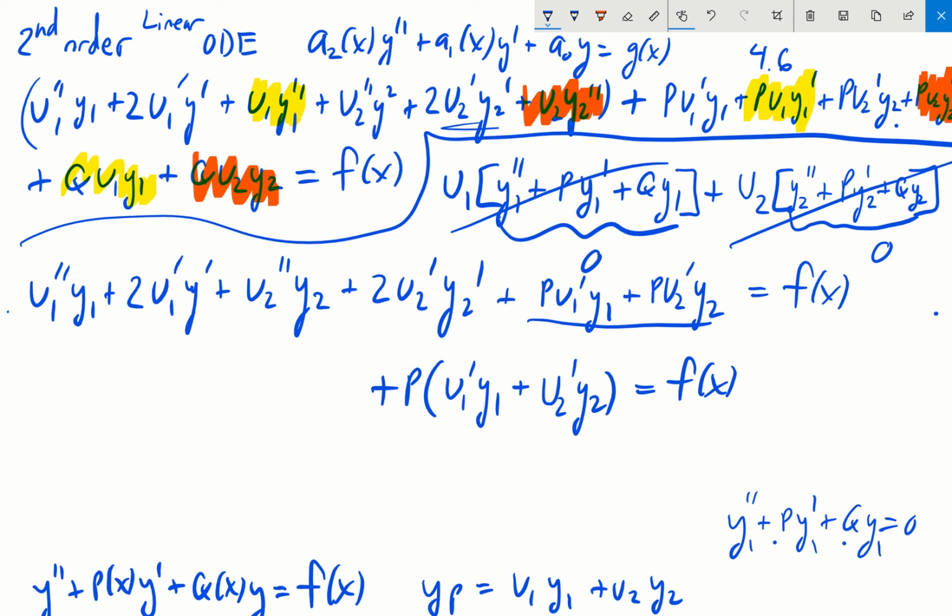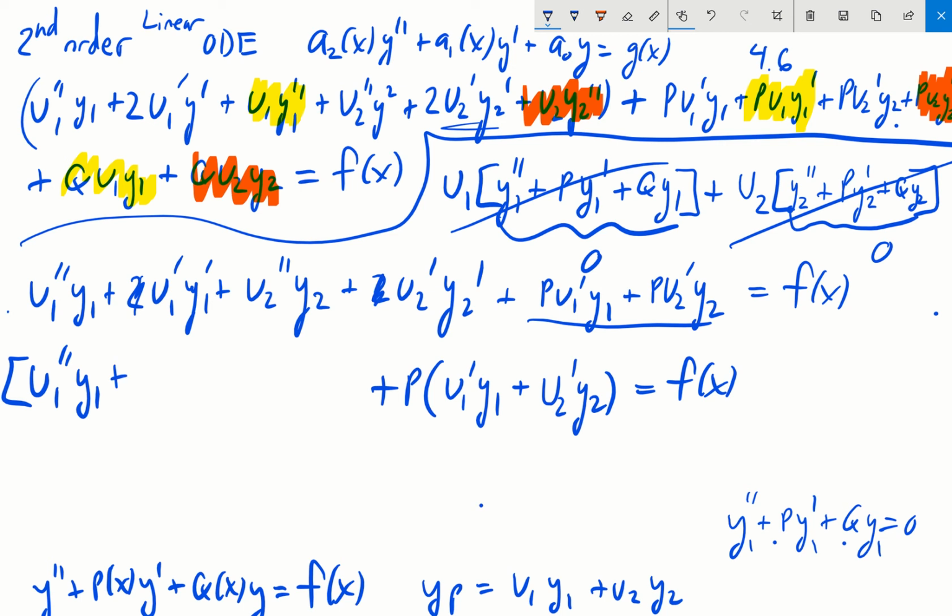The terms in particular that we want to group are the things that have the u1s, y1s, and the u2s, y2s. So I think of these two as belonging together. And I'm not sure where I picked up this extra factor of 2 from. I'll have to go back and correct that later, but those two shouldn't be there.